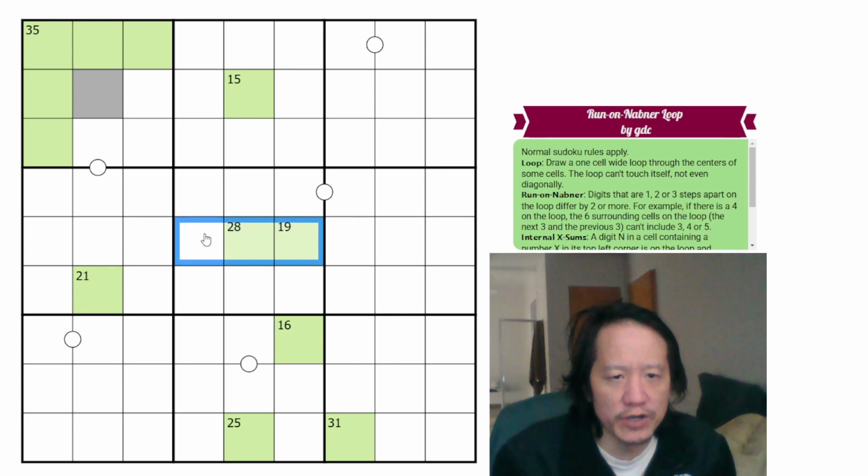Because if it goes this way, the problem is this doesn't have any other digits to add up to that. So this would see at most 19 in this direction, and then therefore this would have no other digits to see in any other direction. So this would be 19 at most, which is not possible because we know it's 28 for the digits that it sees on the loop. So this can never be on the loop. This could go this way though, so we don't know about that.